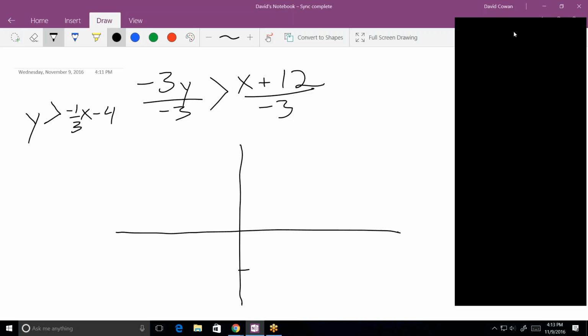Then I go down 1 and to the right 3. That puts it pretty close to there, and it's a dotted line that I'm going to connect those 2 points with.